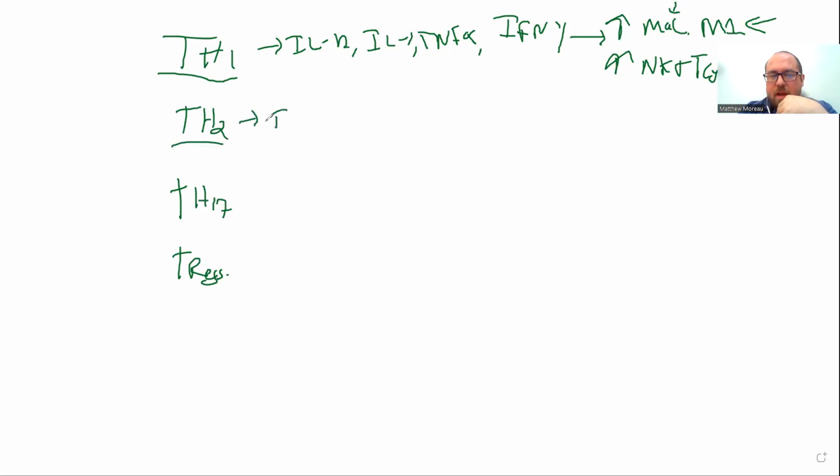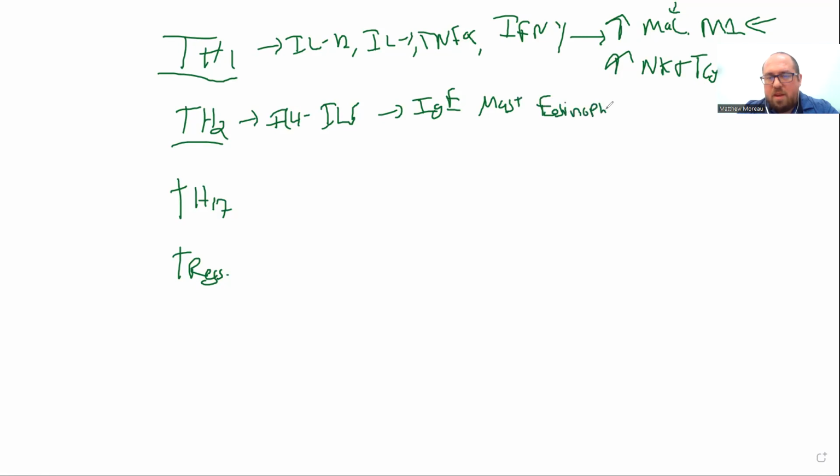Th2s secrete IL-4 and IL-5. Again, this is canonical for the activation or expression of IgE and activation of your mast cells and eosinophils.